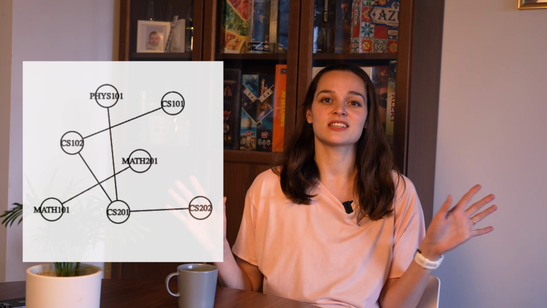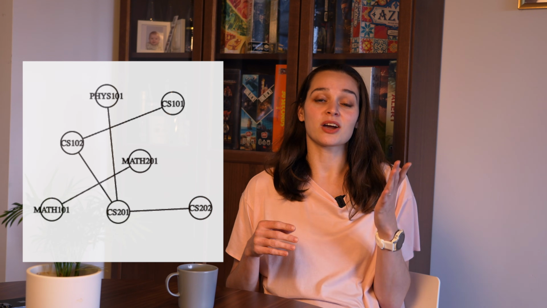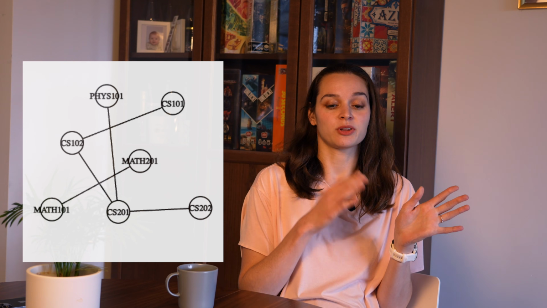And that is just the tip of the iceberg of all of the problems that graphs can solve for us. Think about a very, very simple one. Imagine you have a graph of courses that you need to take with the prerequisites and the prerequisites for the prerequisites. And imagine you need to get to your end goal, the courses that you really want to take, in the shortest amount of time, obviously.